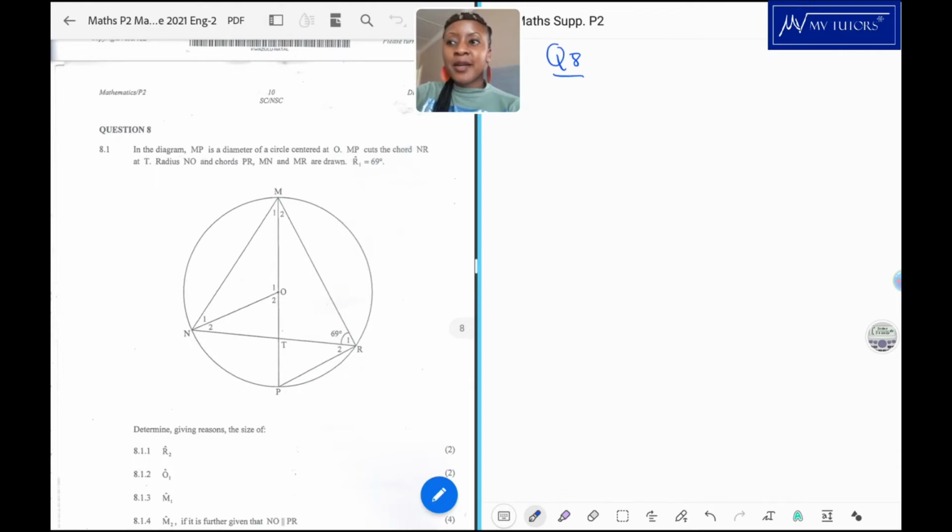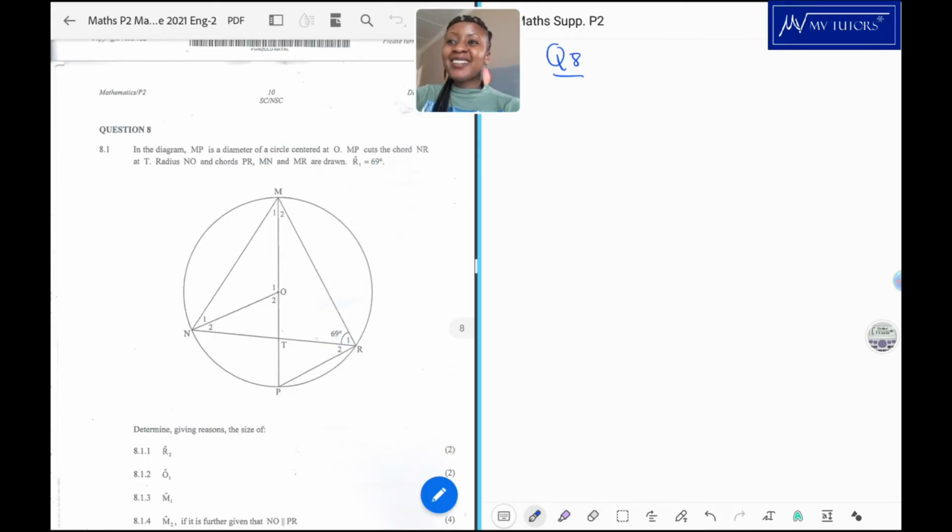So let's see what we have here with Euclidean geometry. It says in the diagram, MP is a diameter of a circle centered at O. It's always nice when you have a center and a diameter. MP cuts the chord NR at T. NO and chords PR, MN, and MR are drawn.